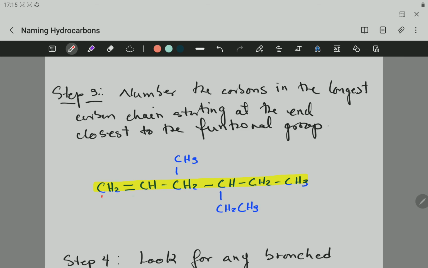We have 1, 2, 3, 4, 5, and 6, or we can start from here, 1, 2, 3, 4, 5, and 6. If we start from the bottom, the double bond is in the first carbon. If we start from the top, the double bond is in carbon 6. So the correct one is the bottom because it's closer to the double bond, which is the functional group.